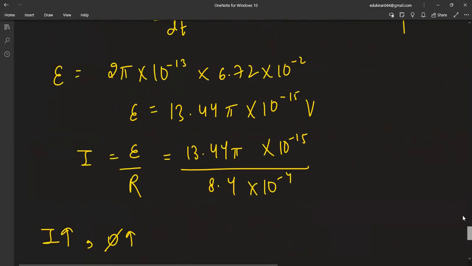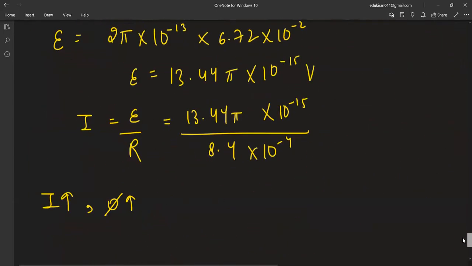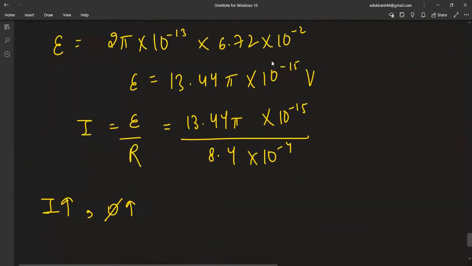So how did we solve this question? See, in order to find I is equal to E by R, 6 pi into 10 to the power minus 2 is coming. Okay, 16 pi, no? Yes, 16 pi into 10 to the minus 12, no? Minus 2? How will minus 2 be? Just check once again.